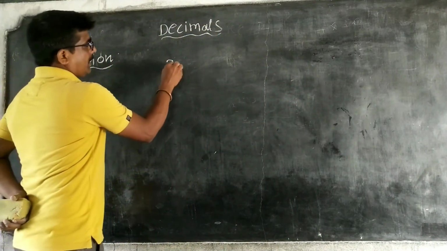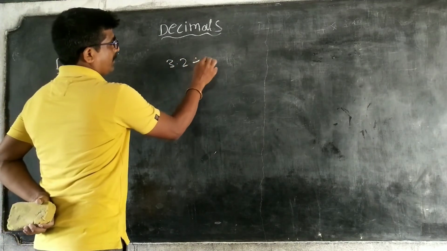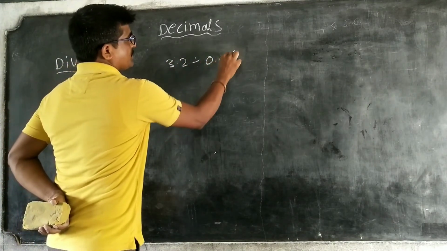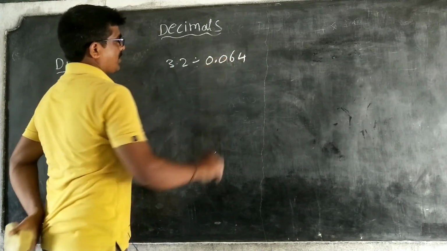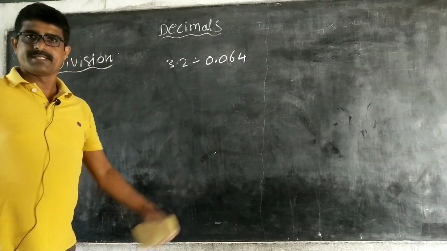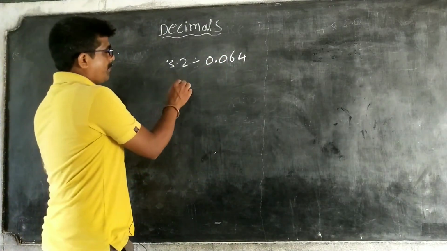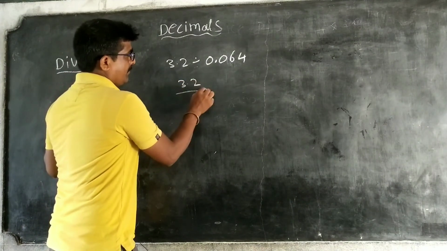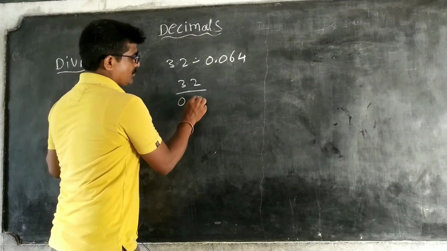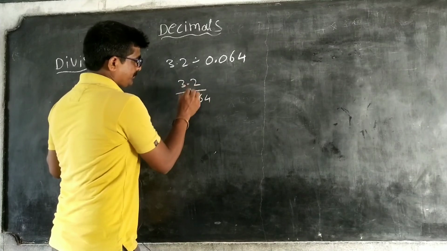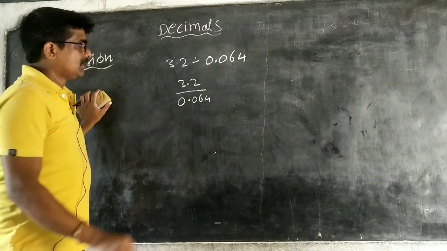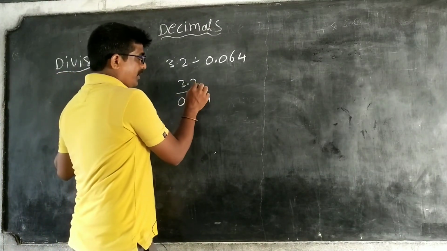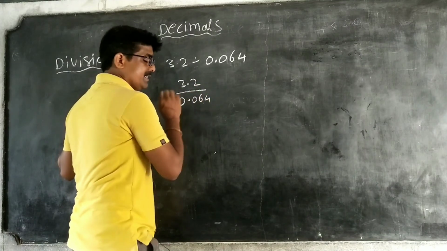Next, another example I am taking for division. So 3.2 divided by 0.064. Just for your understanding, I am doing some examples only. So 3.2 I have to write divided by 0.064. That is equal to, here the point is after 1 decimal, but here I have 3 decimals.